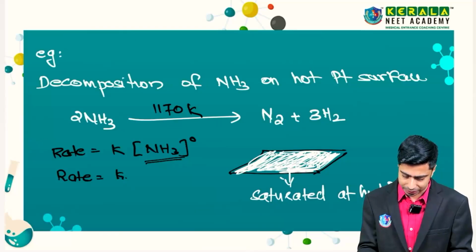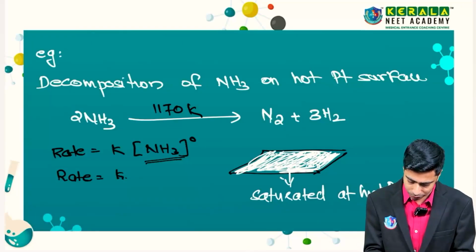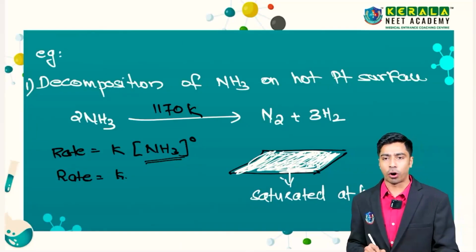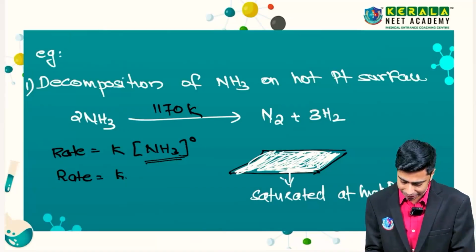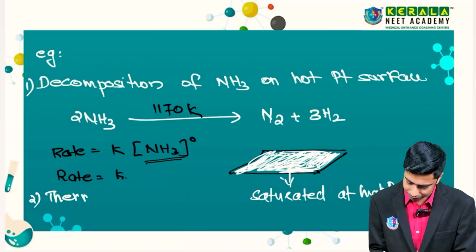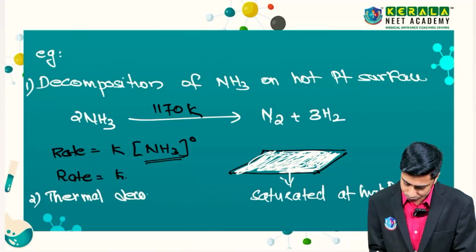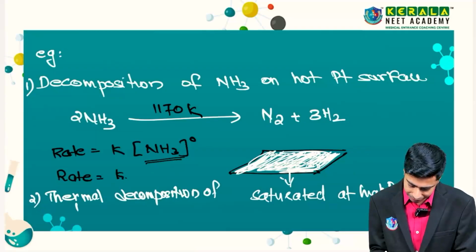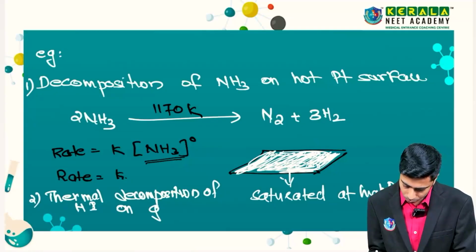And we'll give one more example. The first was the decomposition of ammonia on a hot platinum surface. The second example is the thermal decomposition of hydrogen iodide, HI, on a gold surface.